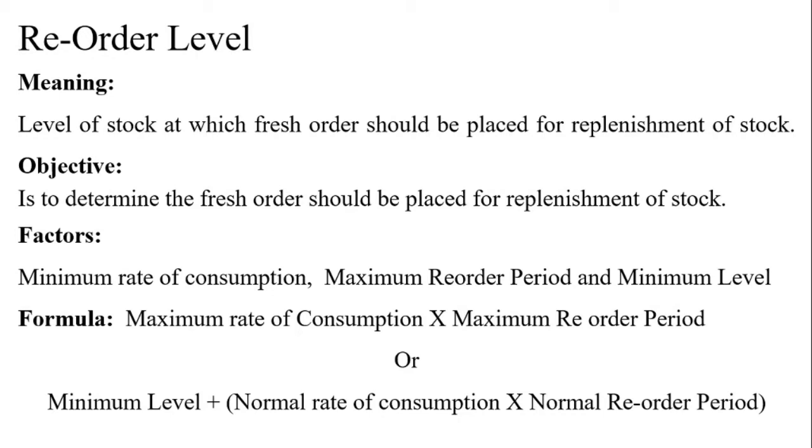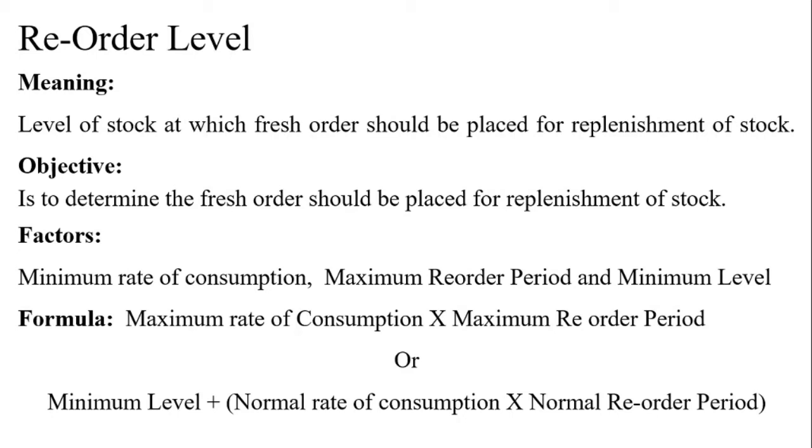The formula is maximum rate of consumption into maximum reorder period. Another formula is minimum level plus normal rate of consumption into normal reorder period. These are the two formulas; depending upon the information given in the problem, we use either one of them.